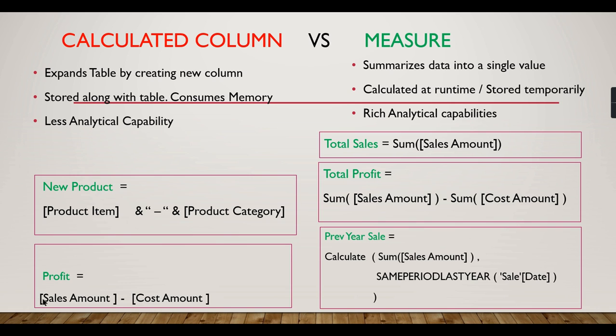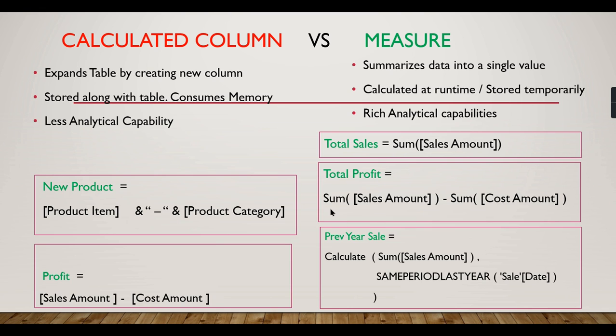The difference here is that the calculated column will happen row by row. For each row it will calculate this sales amount, and if you have 1,000 rows it will happen row by row. Whereas for a measure, the calculation over those 1,000 rows gives us one value. Say for example 10,000 is your total sales, and cost price is something around 3,000.